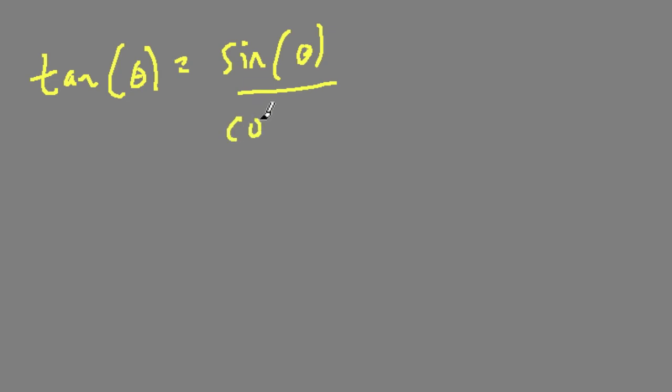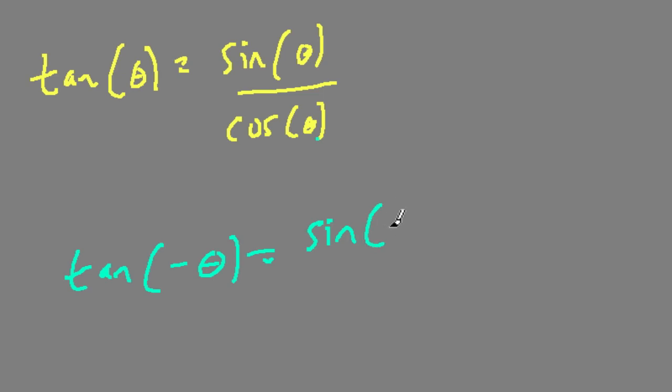The tangent, again, is a ratio of sine to cosine. So the tangent of an angle equals the sine of that angle over the cosine of that angle. So what does the tangent of a negative angle have to equal? Well, it's going to equal the sine of negative theta over the cosine of negative theta.